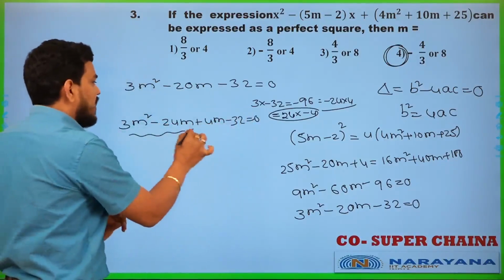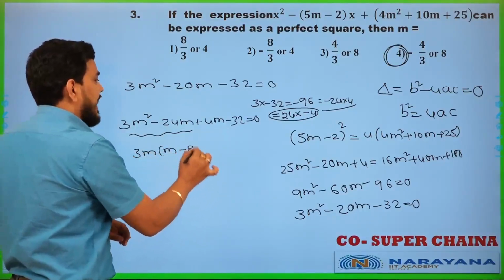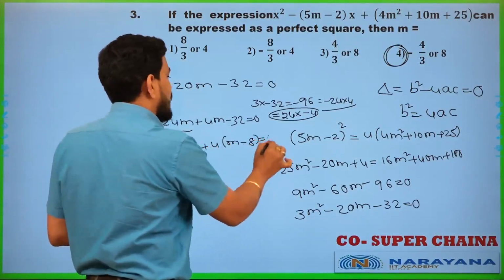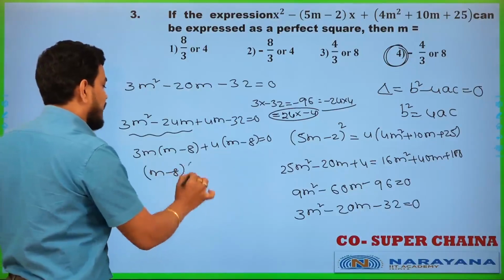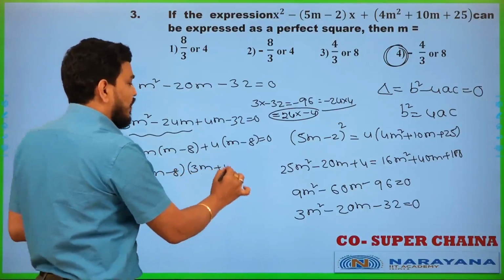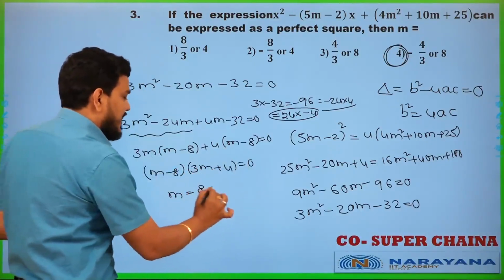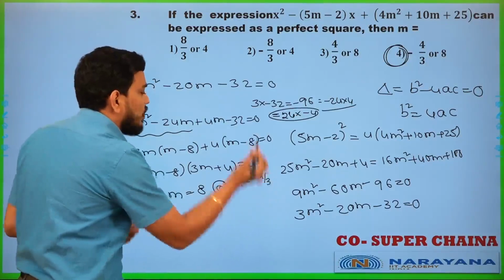From here, you can take 3m common: m minus 8, plus 4 common: m minus 8, is equal to 0. Now you take m minus 8 common, then 3m plus 4 is equal to 0. So you will be getting either m is equal to 8 or m is equal to minus 4 by 3.